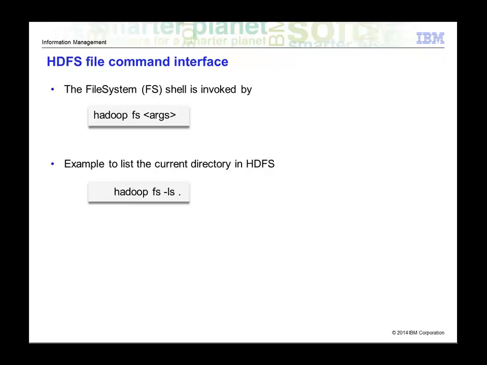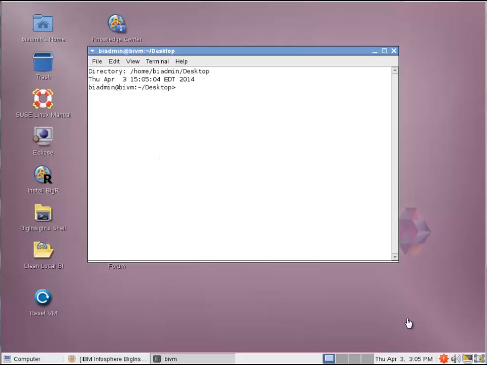These commands start with a dash. For example, the ls command for listing a directory, which is a common Unix command, is preceded with a dash. As on Unix systems, ls can take a path as an argument. In this example, the path is the current directory, represented by a single dot.